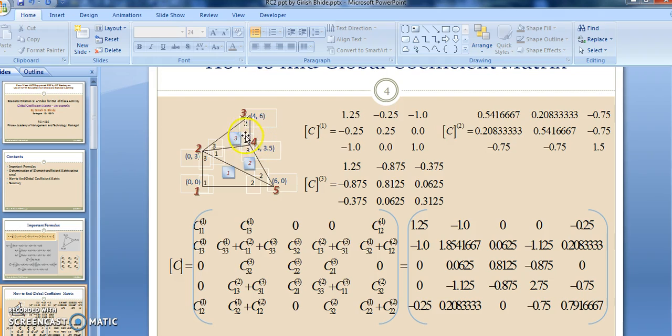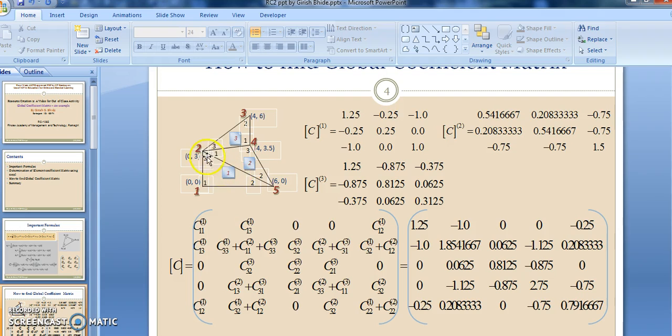Wherever a global node is in connection with more than one element, that many self type terms will appear in the formation of such self terms. Now let us discuss a typical mutual term, say C25.